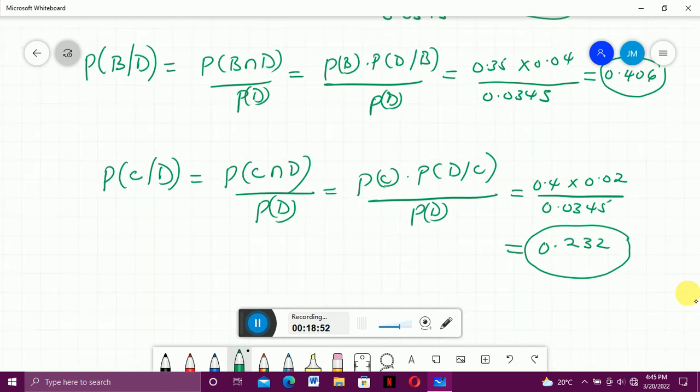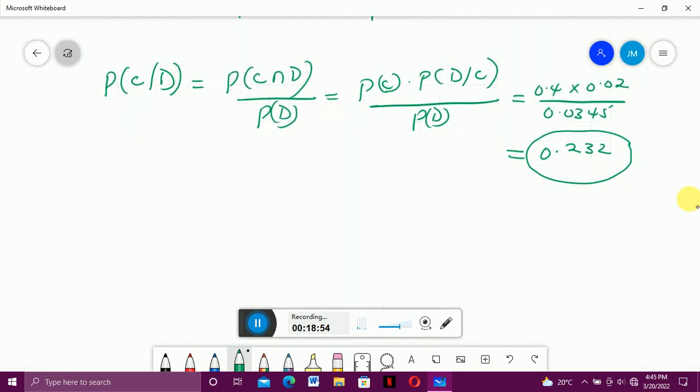So if you add up the probability that a bolt is from A given it's defective, plus the probability that it's from B given it's defective, plus the probability that it's from C given it's defective, you put that together, you get 1.